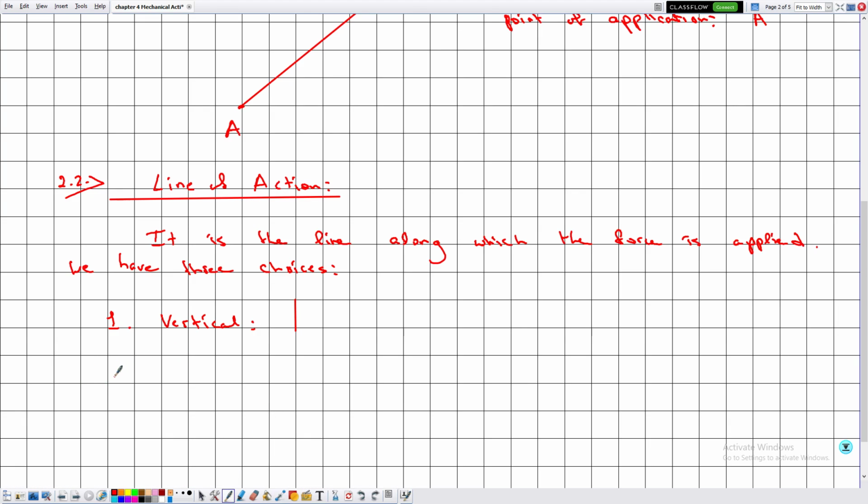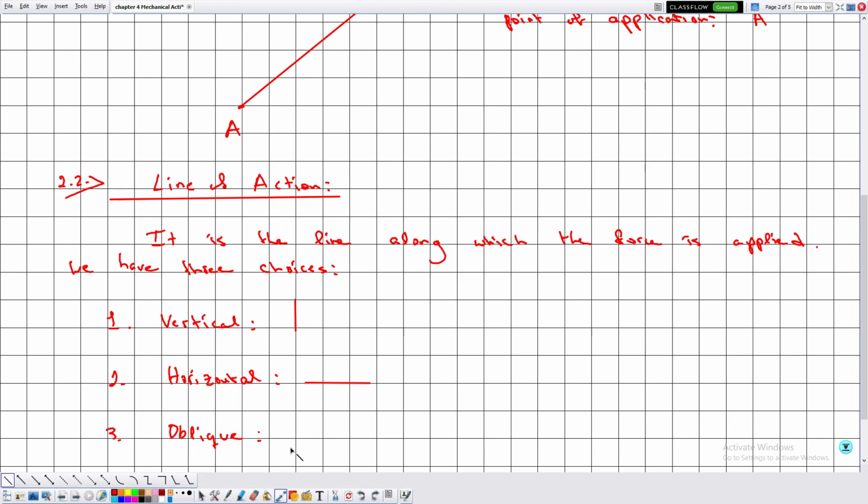The second one is the horizontal. The horizontal is given by this one. And the oblique corresponds to the line of action that is not horizontal nor vertical. So this is the oblique. The oblique may be like this or like this or whatever. Okay, any combination that is different than the vertical and the horizontal.